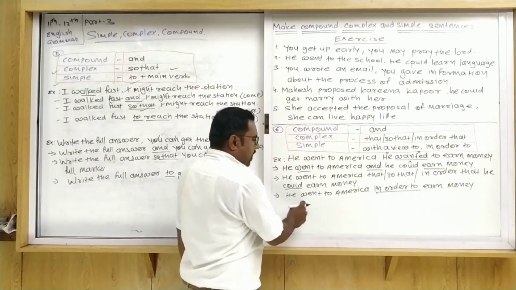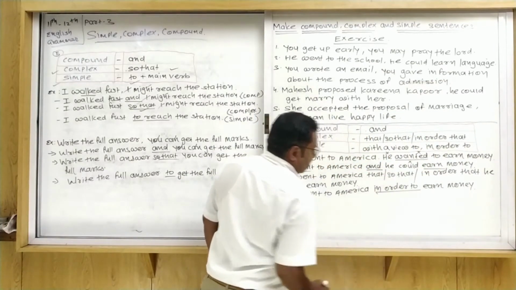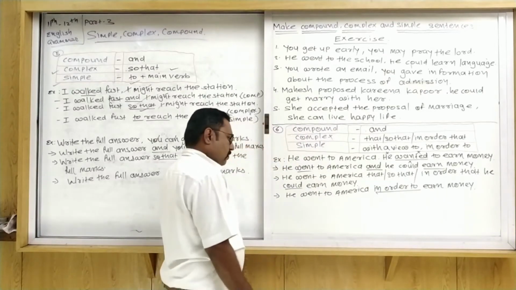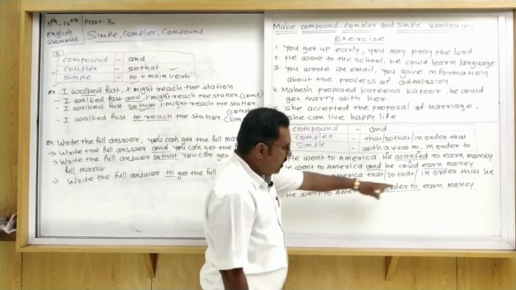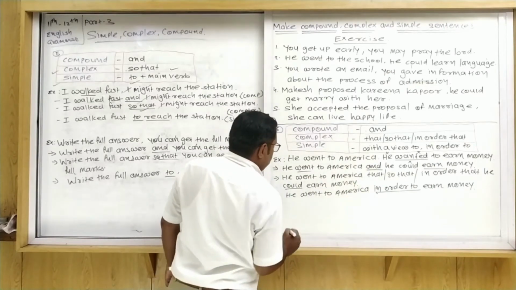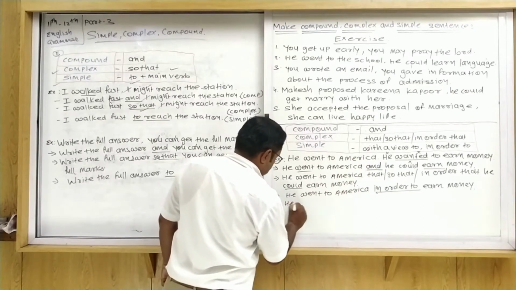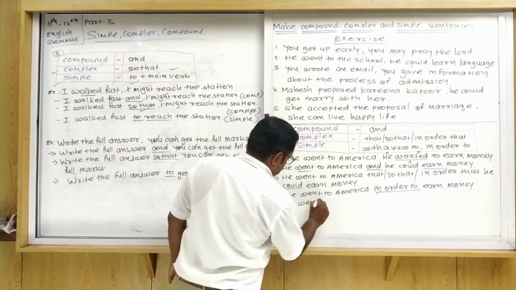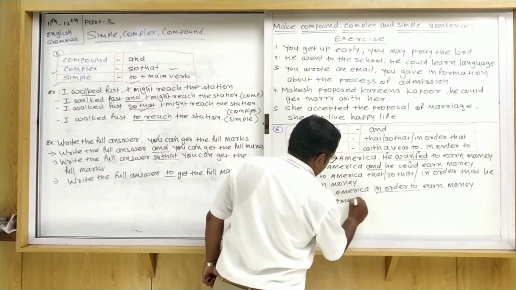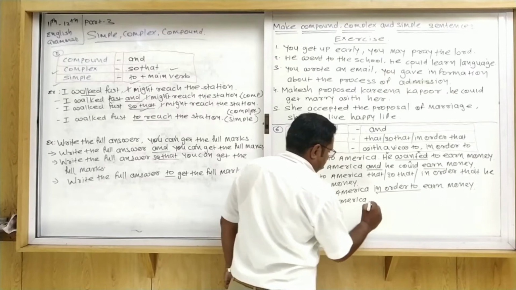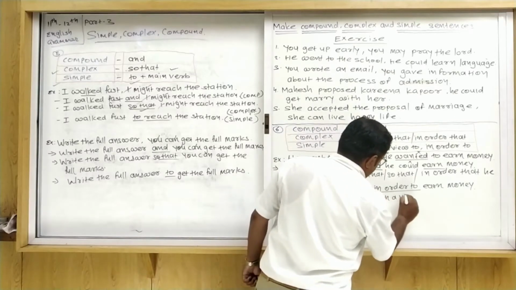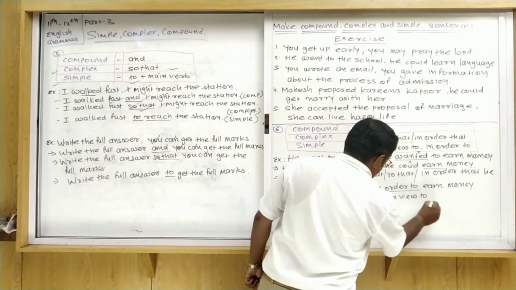Okay, he went to America in order to earn money. The main purpose of going to America is to earn money. Now we use with a view to. So he went to America with a view to.